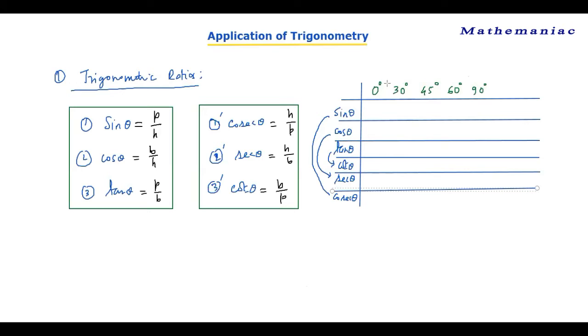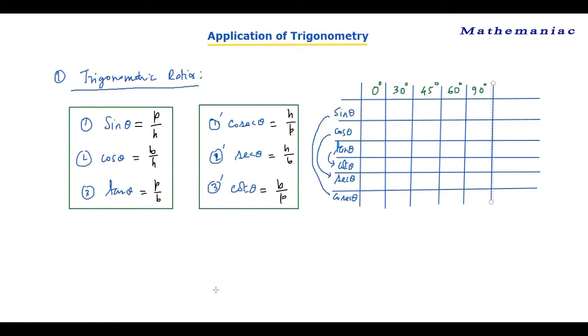So we are getting a table done here. I insist you go on preparing this table in your copy also, so that if you forget by chance, you can refresh it once.